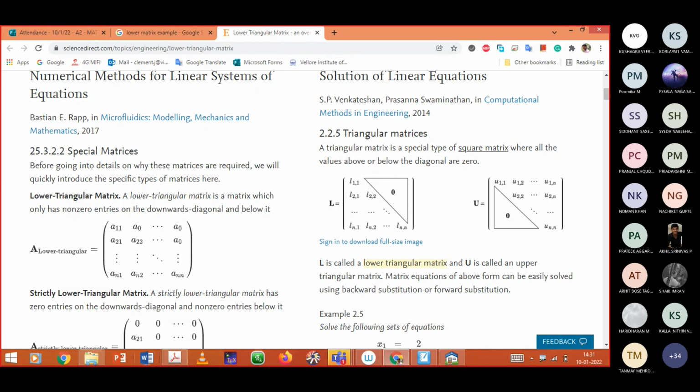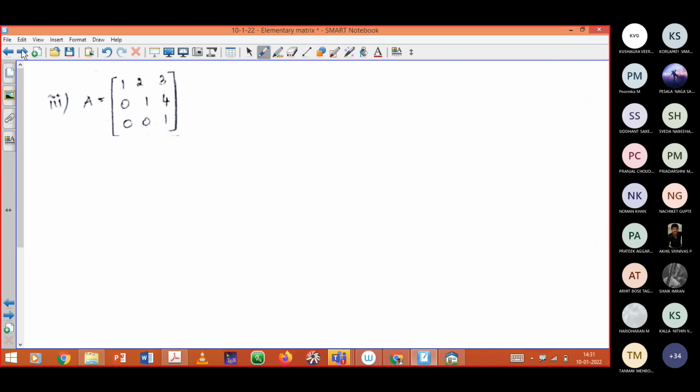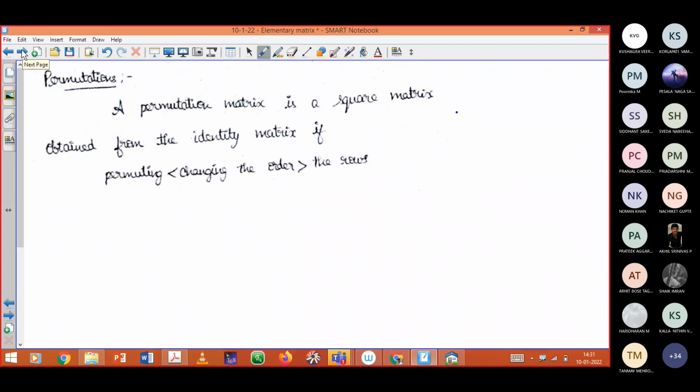In this topic, the permutation matrix is given as a definition. I will assign that as a small task for you to refer to, because it's not quite important and is not involved in your problems. I'm just giving it as a slide to let you know about it. A permutation matrix is also obtained from an identity matrix, but with an additional change: the order of the rows is changed. It is not required, but if you really need it, please take a look.